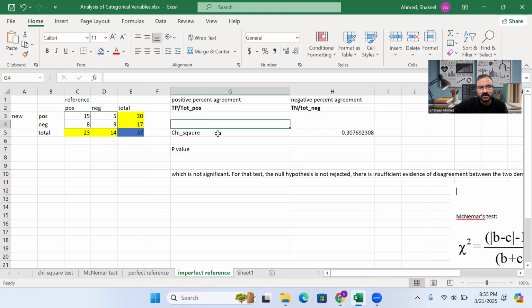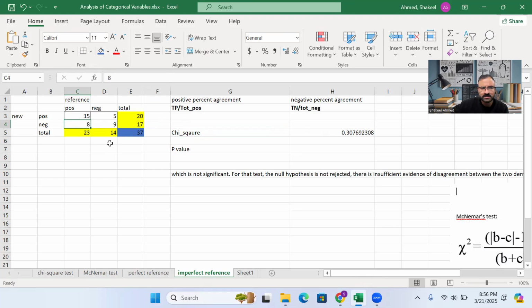So we first check whether there is evidence of disagreement between the two tests. If there is evidence of disagreement, then these two values will differ from each other.